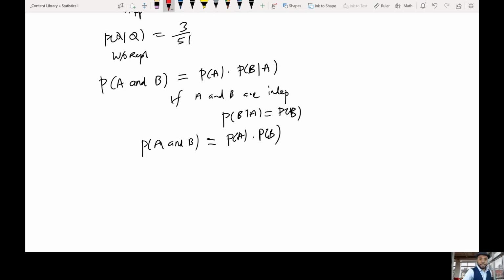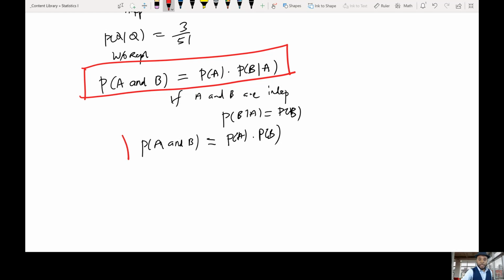In the last video, this was what we derived as the multiplication rule. And if A and B are independent events, then this is the probability of A occurring and then B occurring in successive trials. So that's the interpretation right there.